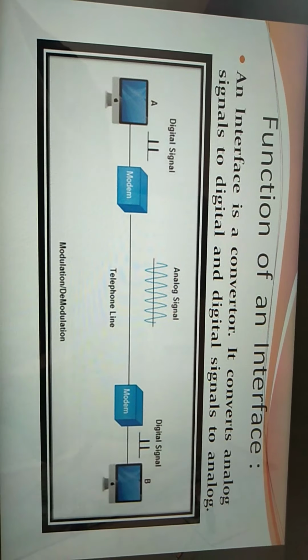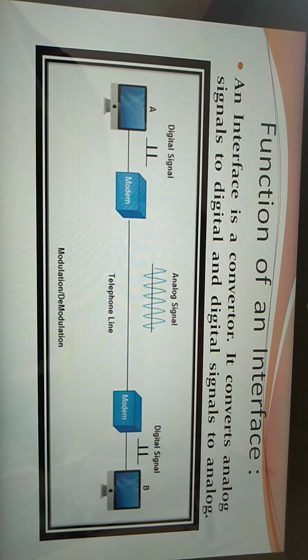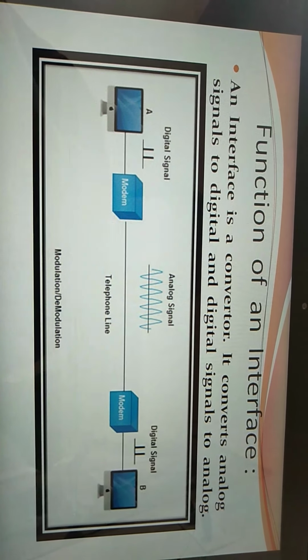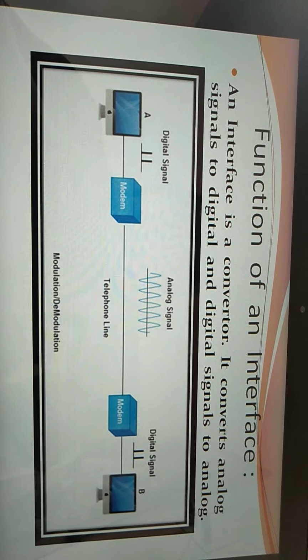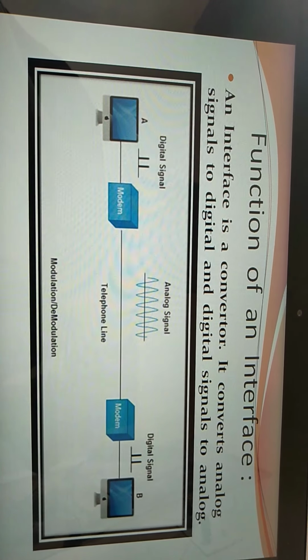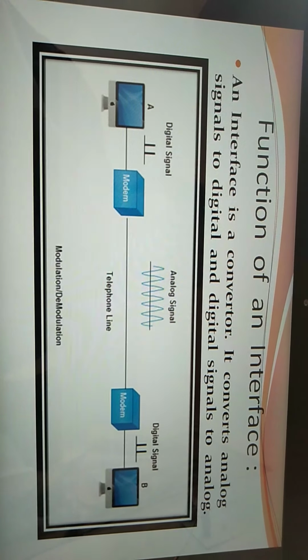These analog signals reach the modem of the World Wide Web, and again they are converted into digital form, and that's how it reaches computer B. So basically an interface is a modulator, demodulator. It modulates the digital signals into analog and the analog signals into digital.